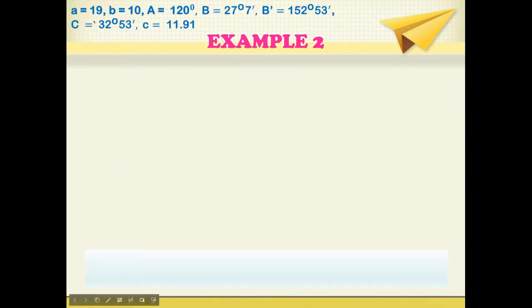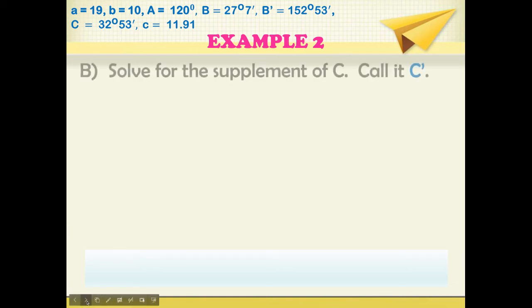So note that we now have the values for side A, side B, angle A, angle B prime, angle C, and side C. Now, let's try to solve for the supplement of angle C, and let's call it angle C prime. So, angle A plus angle B prime plus angle C prime is equal to 180 degrees.